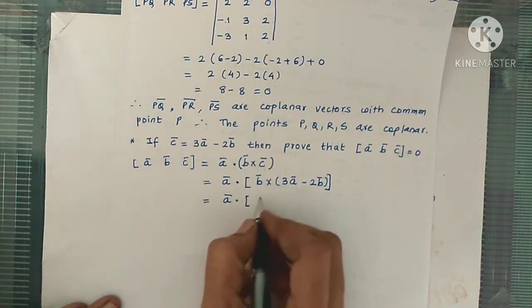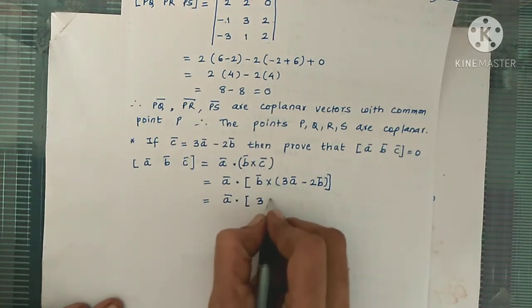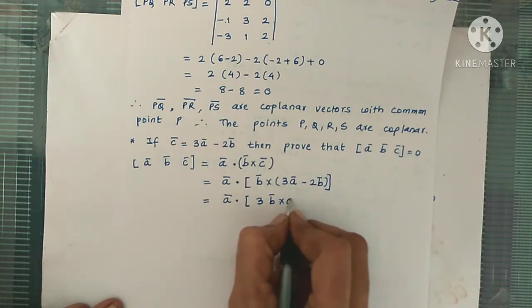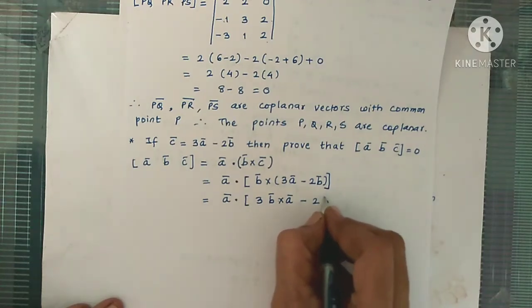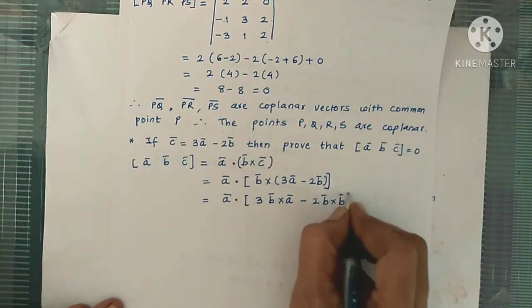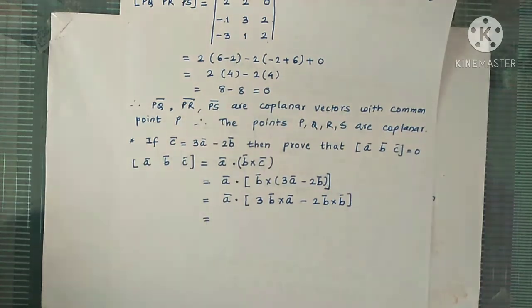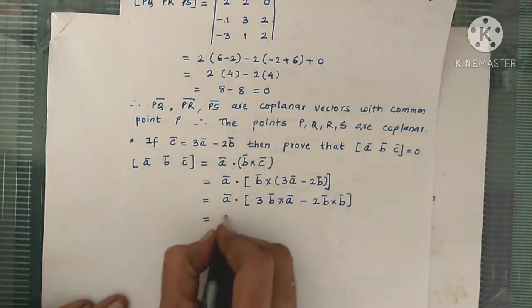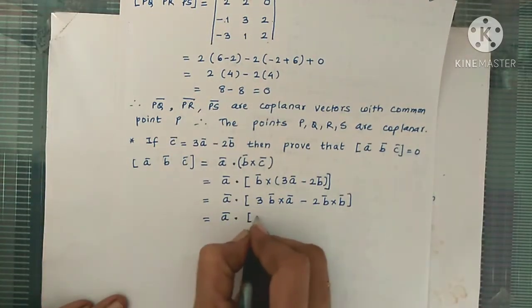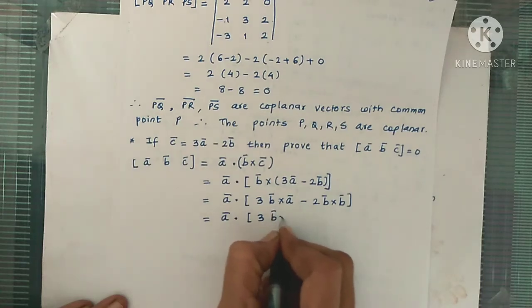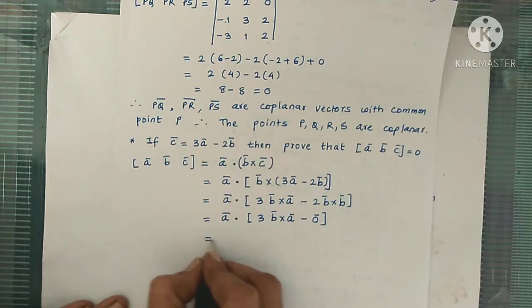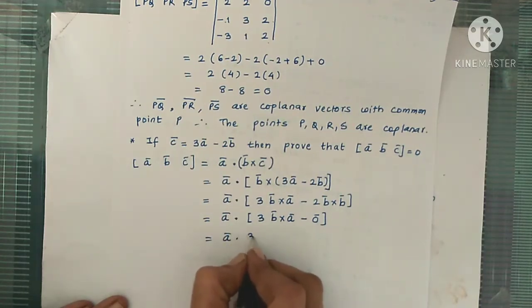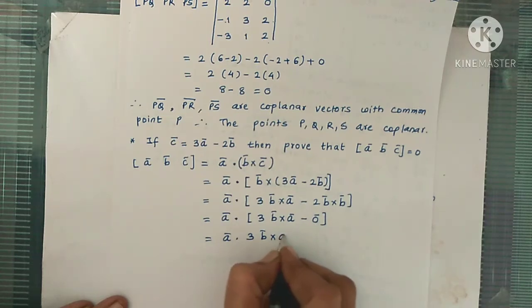This expansion gives us 3 into b bar cross a bar minus 2 b bar cross b bar. Now we know that the cross product of a vector with itself is 0 bar. So it is a bar dot 3 b bar cross a bar minus 0 bar, which is a bar dot 3 b bar cross a bar.